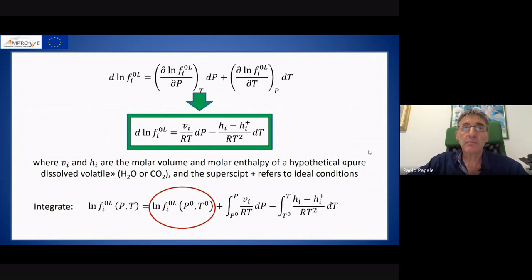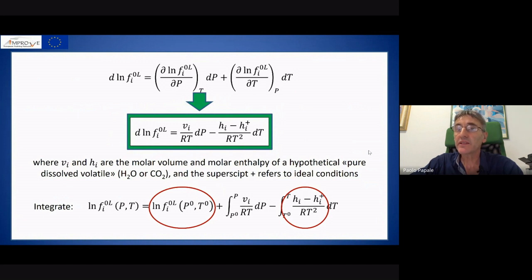Okay, that's all great, but we have not yet finished. In fact, we can still develop this equation further. As it is now, it requires that for our peculiar hypothetical reference state of pure dissolved volatile, we know both volume and enthalpy. We can simplify it further and get to an expression where only the volume of the hypothetical state is required.